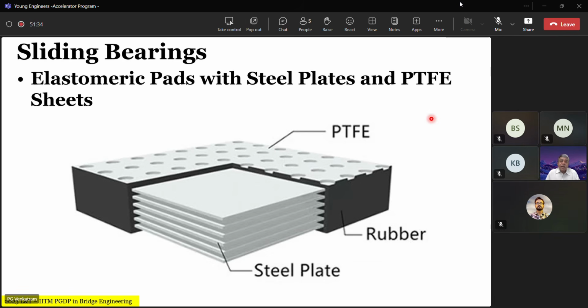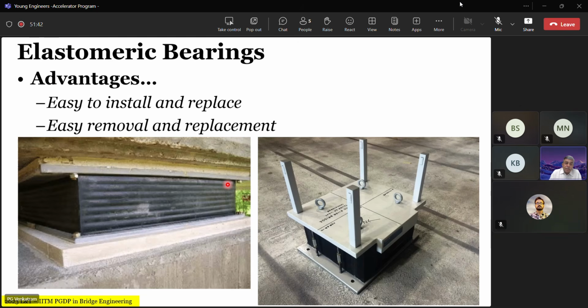Now, when you are using an elastomeric bearing and you want it to have a sliding capacity, let me show you the normal elastomeric bearing. This bearing does not allow for relative displacement, translation between superstructure and substructure, because this rubber is bonded to this steel plate and this steel plate is bolted to the top.